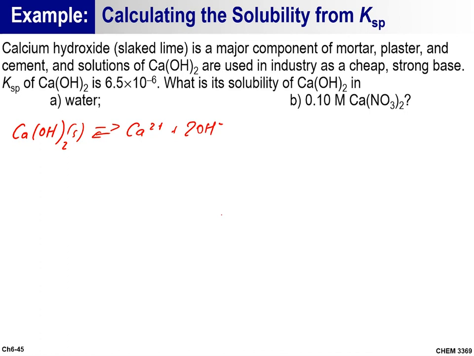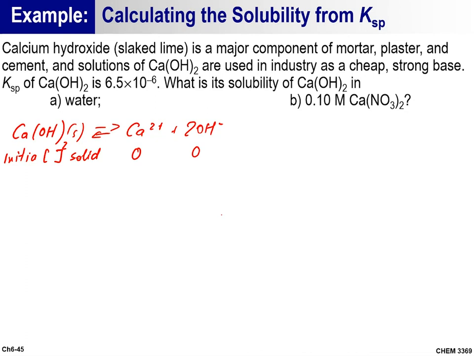To do that, the easiest way to keep track is to use a concentration table. We have the initial concentrations. Calcium hydroxide is a solid, so it will not be present in the equilibrium constant expression. Initially, the concentrations of calcium 2+ and OH- are 0.